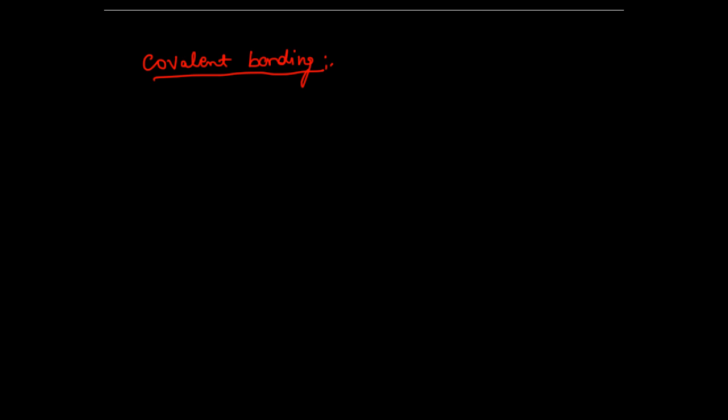What is covalent bonding? We know that ionic bonding is formed due to the transfer of electron, that is, one ion loses electron and the next gains the same electron, forming ionic bonding. Now what about covalent bonding? Covalent bonding is formed due to the sharing of electron. Now what type of sharing? It is mutual sharing. Now let me write the definition.